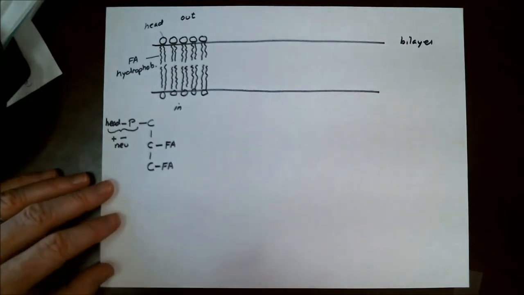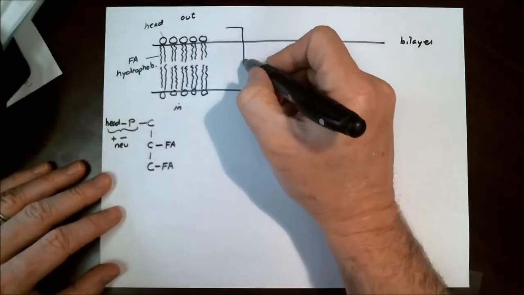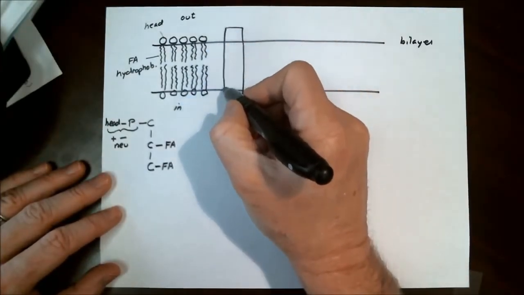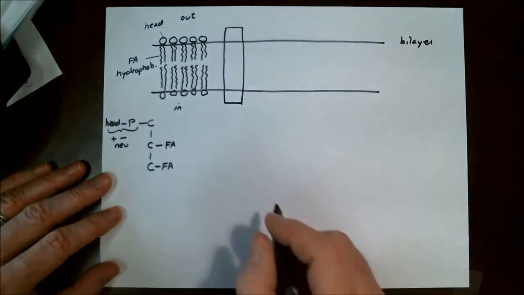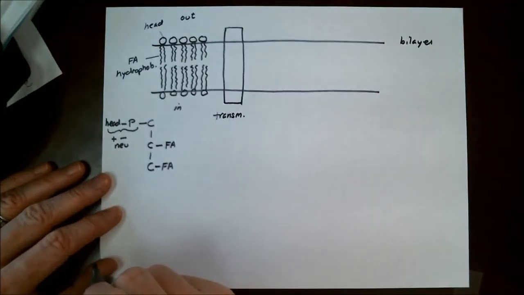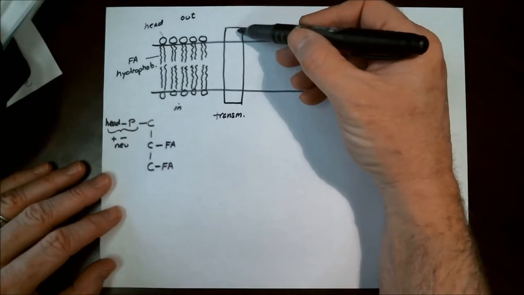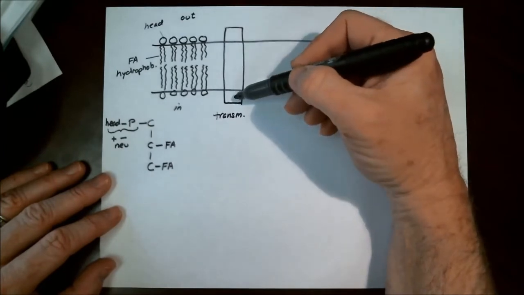So now, we also have proteins in the membrane, and proteins can be in different forms. They can be what are called transmembrane. Transmembrane proteins have structure that is exposed on the outside of the cell as well as the inside.